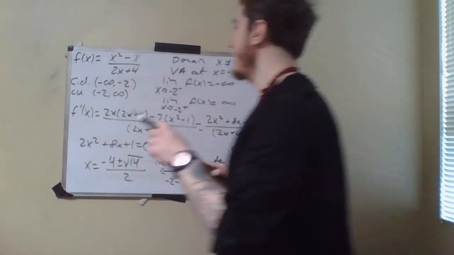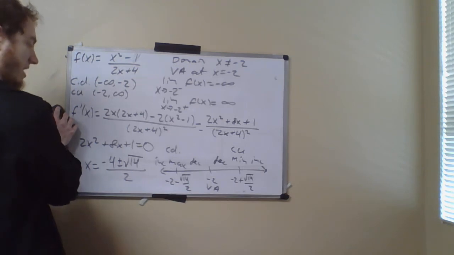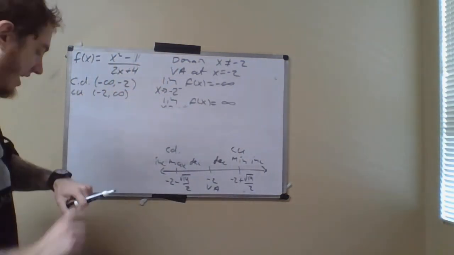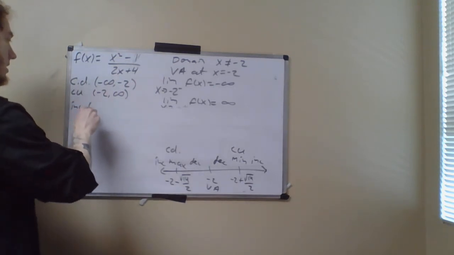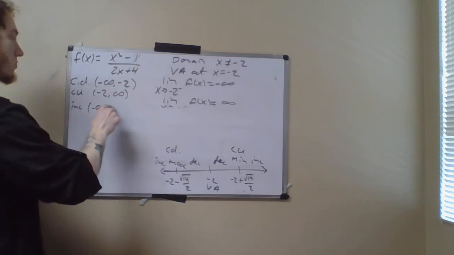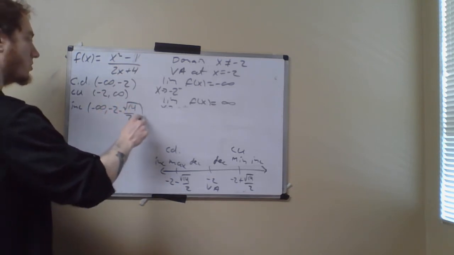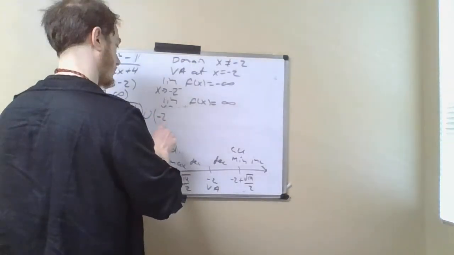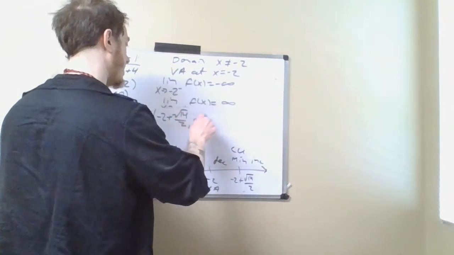So when I write my intervals of increase and decrease, and I'm going to have to get rid of the derivative now at this point too, I'm going to have to say that I am increasing on minus infinity to minus 2 minus radical 14 over 2, unioned with minus 2 plus radical 14 over 2 up to infinity.